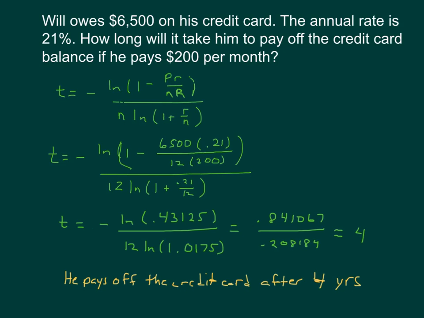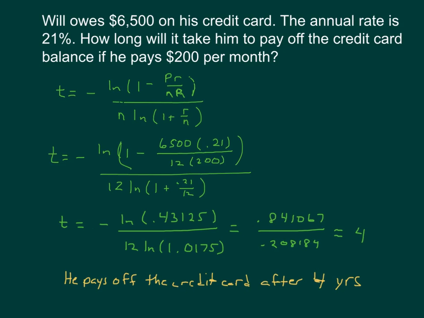So, in this case, I know t is negative natural log times the quantity of 1 minus 6,500 times 0.21 over 12 times 200, all over 12 times the natural log of 1 plus 0.21 over 12.